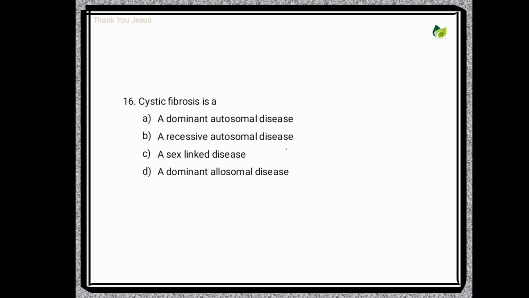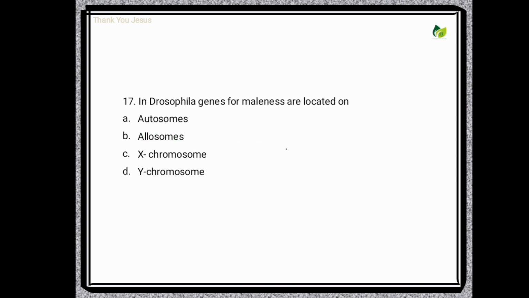Cystic fibrosis causes body fluids to become thick. It is a recessive autosomal disease. The correct answer is recessive autosomal disease. Okay, so let's see the next question.